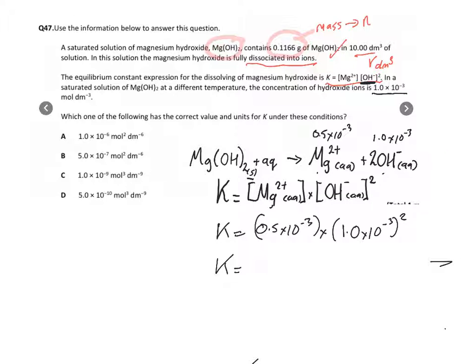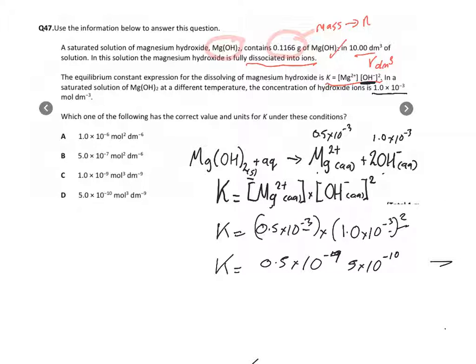The value of K, 0.5 times 10 to the minus 3 times 10 to the minus 3 squared, that's 10 to the minus 6, so that's 0.5 times 10 to the minus 9, or 5 times 10 to the minus 10.